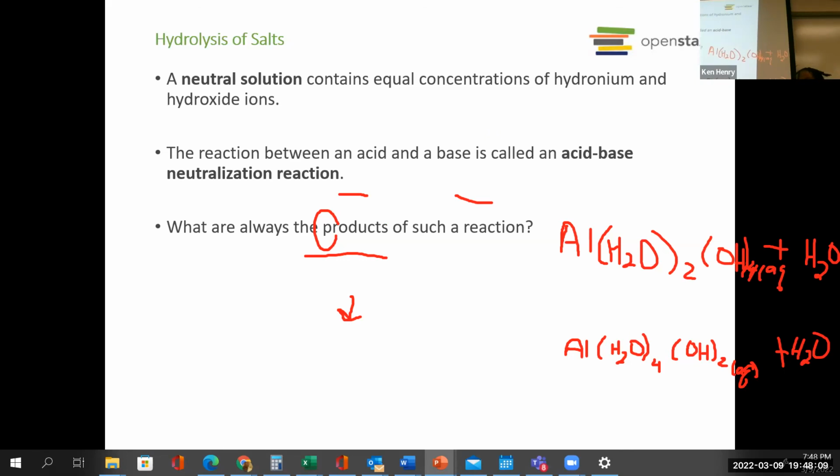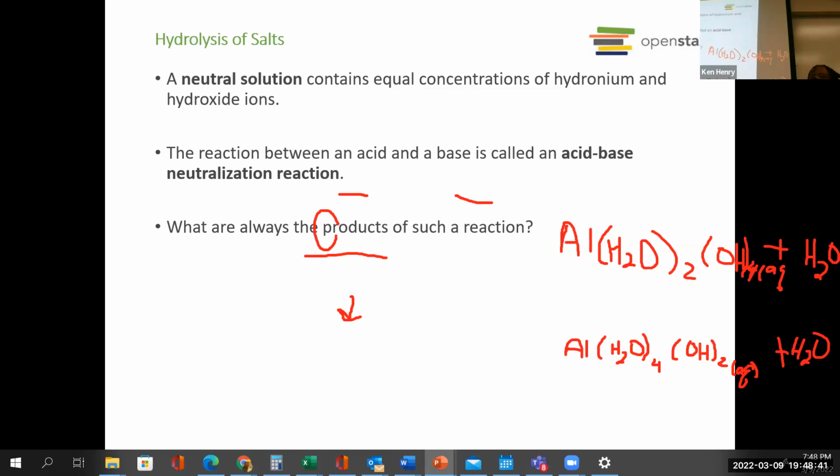We know that a neutral solution basically has equal concentrations of hydronium ion and hydroxide ion. A reaction between an acid and a base is called an acid-base neutralization reaction. The products are always going to be exactly the same if they are completely neutralized.